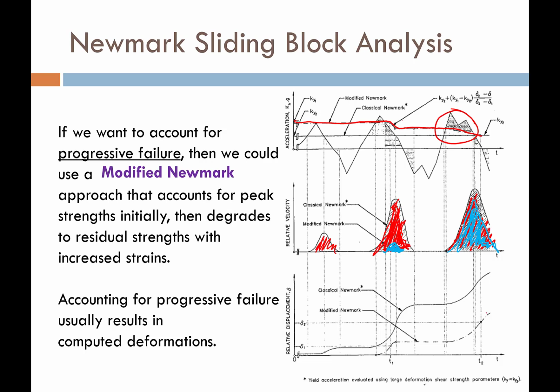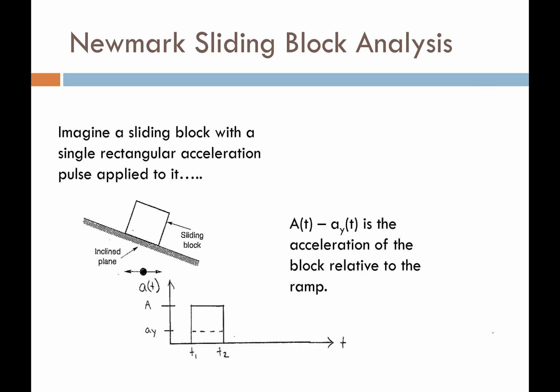And less relative velocity means less predicted displacement. So the whole point of the modified Newmark method is to account for the strain softening of the soil, and ultimately it's going to reduce the predicted deformations that you have. So you'll get smaller computed deformations with the modified Newmark method.